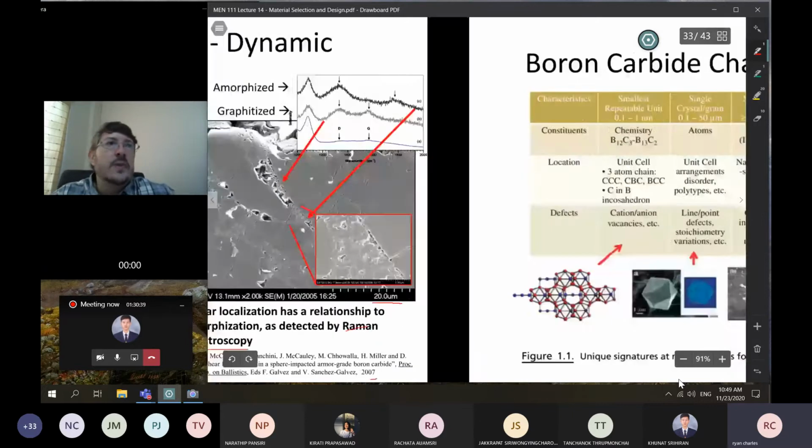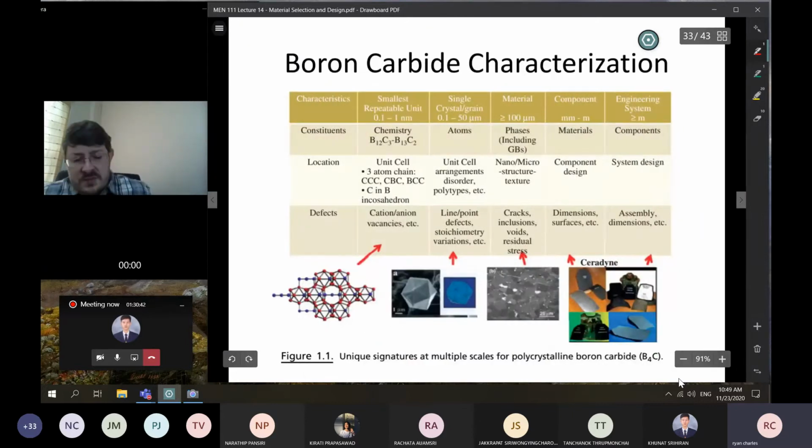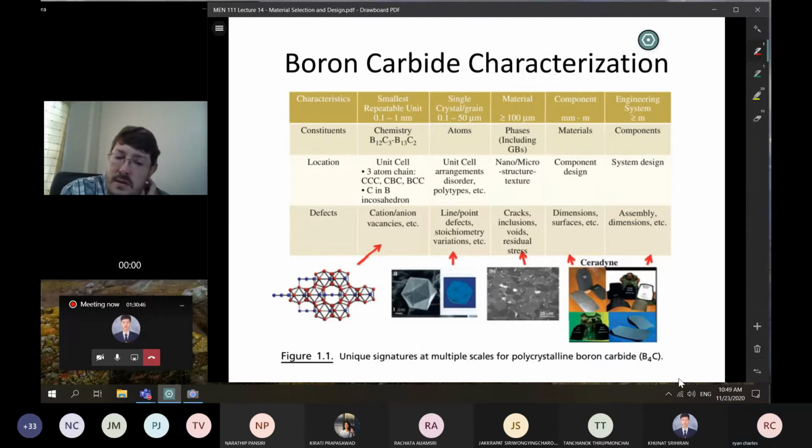Wow, I'm old. All right, so with something like boron carbide, you'd want to use it as armor, as ceramic armor. But it has limitations, right?